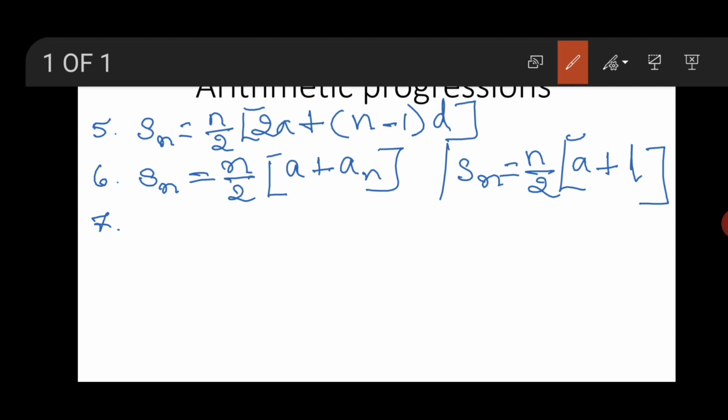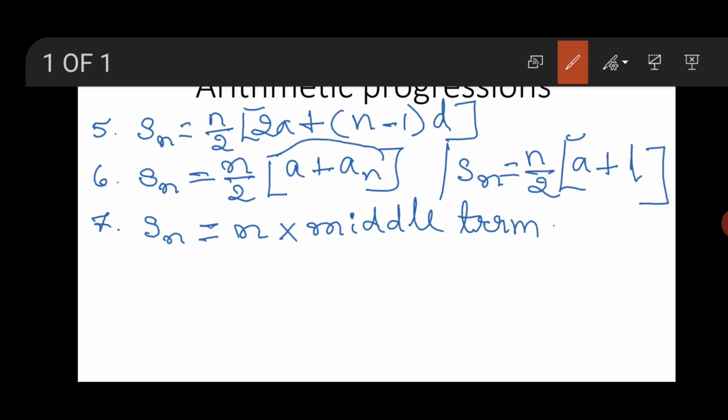Then suppose the number of terms and the middle term of an AP are given, then the sum Sn is given by the formula n into middle term or average, because first and last term divided by 2 is the average or middle term. It is known as average or middle term.